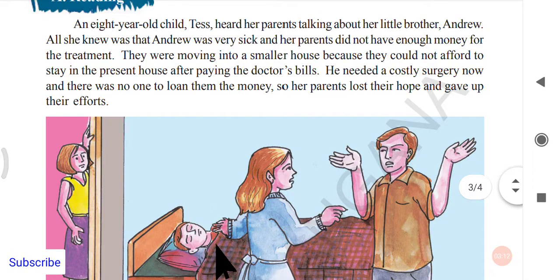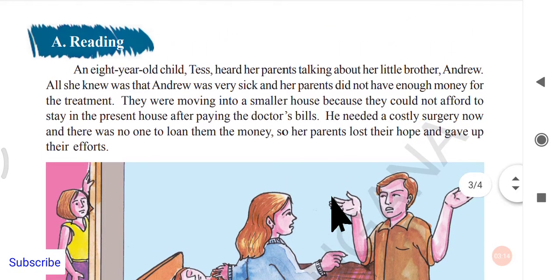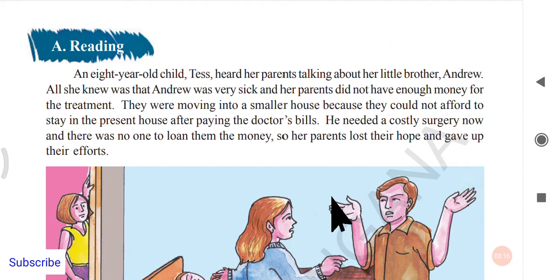You can see the boy is sleeping on the bed, he is resting there. So he is not well, he is sick, and he needs some treatment. And Tess's parents don't have any money, any property to give treatment for the boy. So they were moving into a smaller house because they could not afford to stay in the present house after paying the doctor's bill.